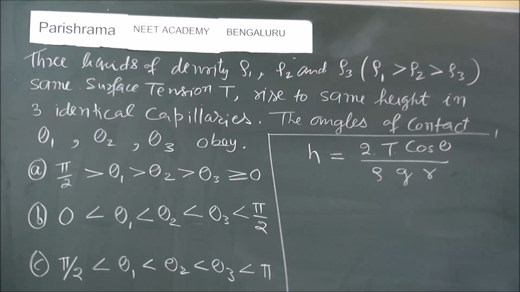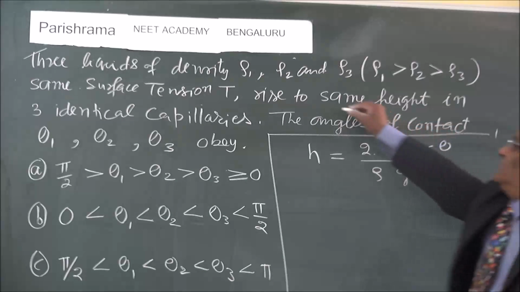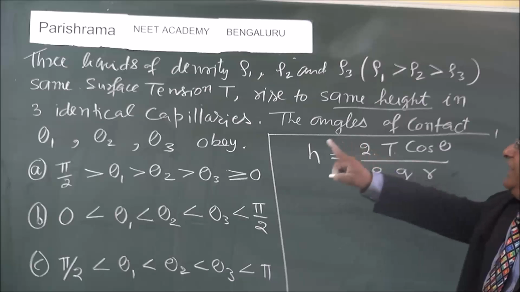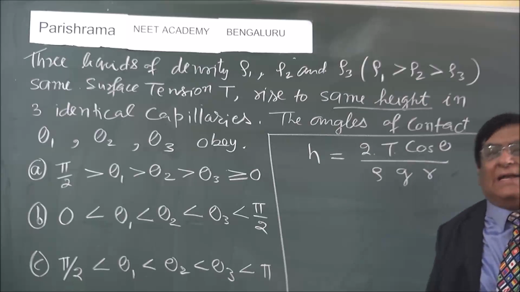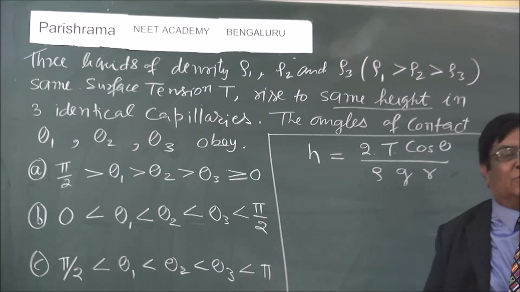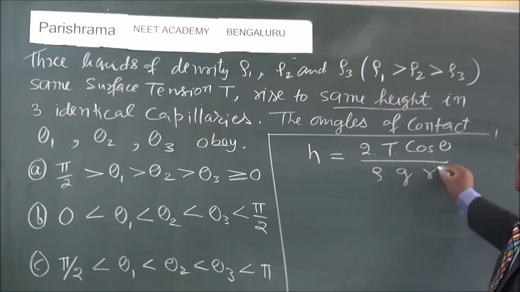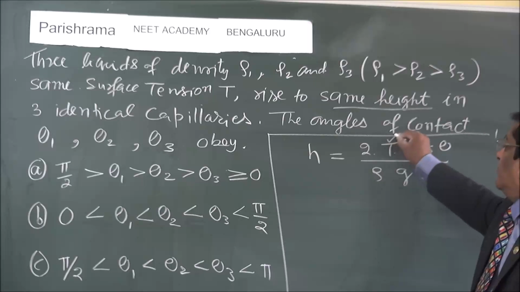This is what we remember for the height of the liquid in a capillary. Now, they say height is the same for all the 3 cases. Rise to the same height. Okay. Now, in 3 identical capillaries, identical capillaries means radius is also the same. Same surface tension, T is also the same.